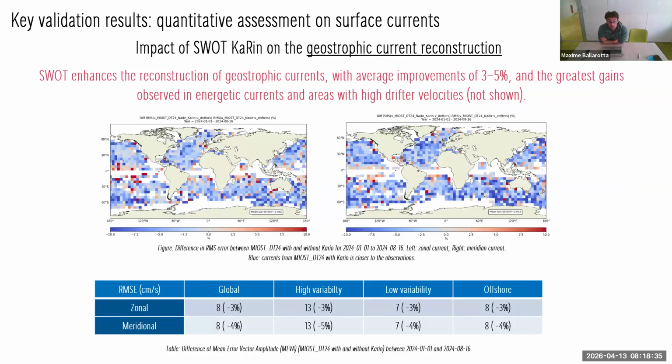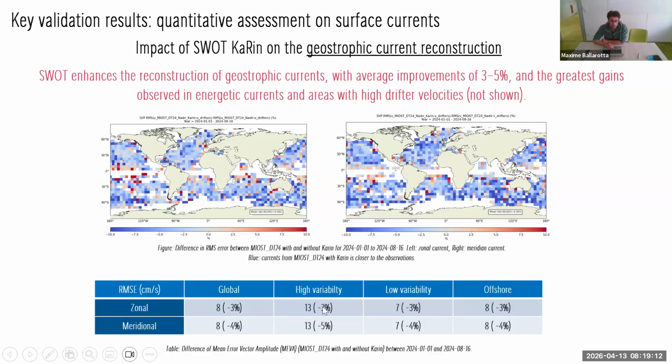In terms of geostrophic current reconstruction, as I said previously, we can validate against an independent drifters dataset. On average, at global scale, we have an improvement when introducing SWOT Karin in the level 4 product, and the gain is between 3 to 5% reduction of the error on the zonal and meridional components.